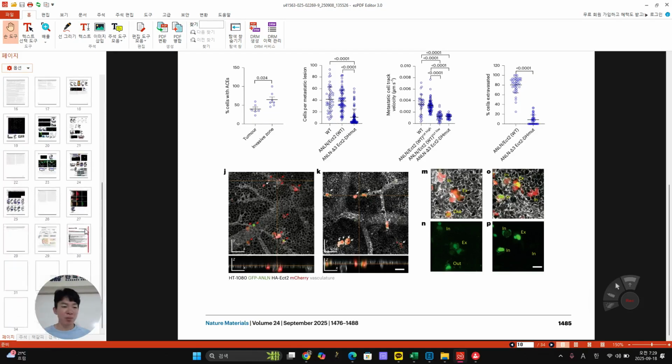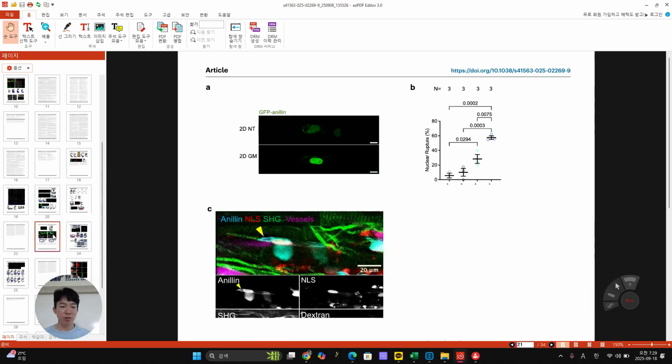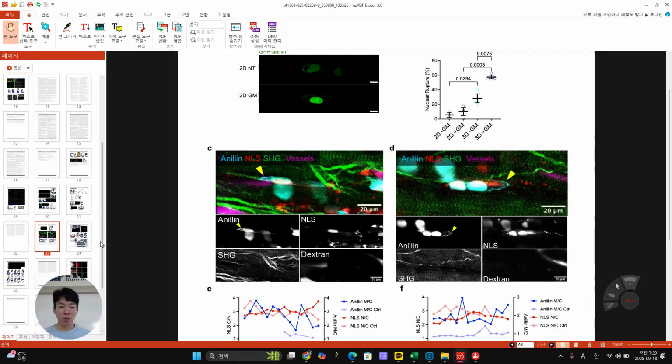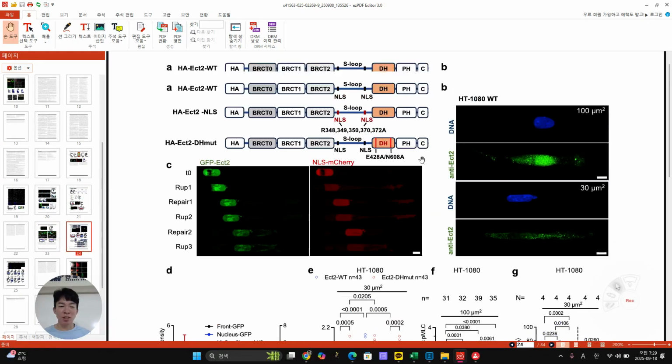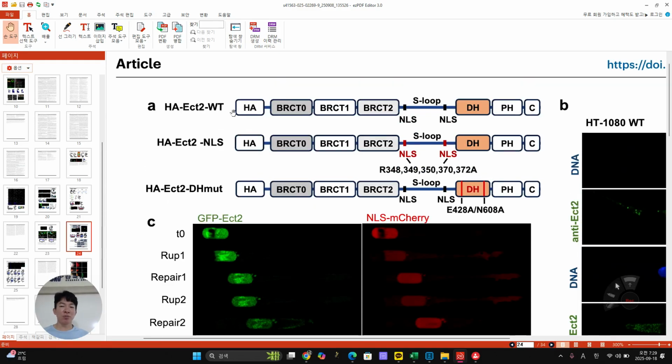So let's look at some extended figures together. This is how they make the plasmid. It's a little bit complicated, but here is wild type. Wild type has the DH domain.